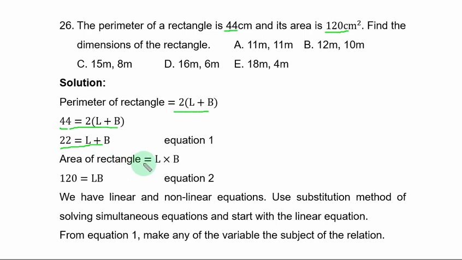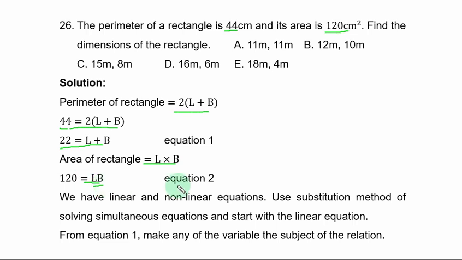Area of a rectangle is this. The area is 120 square centimeters, equal to LB. You call that equation 2. Now, equation 2 is non-linear, and as such, we have linear and non-linear equations.